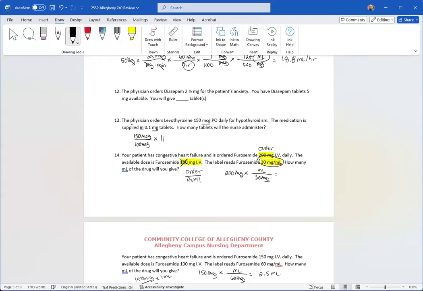Times my tablet, and then I get 1.5 tablets, and then they probably want you to write it as 1.5 tablets. I don't know that definitively, but you always double check with your instructor if they want you to write half as 1/2, or if it's okay that you have 0.5. Just make sure it's clear. You may want to just write both just to be on the safe side.